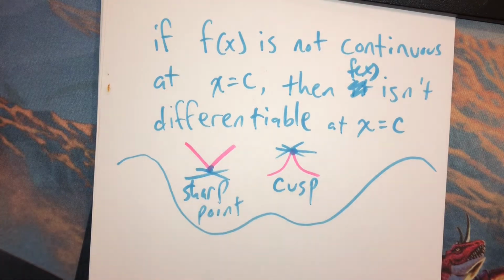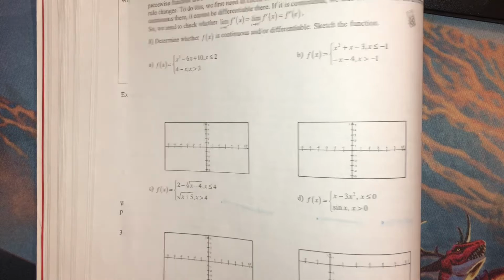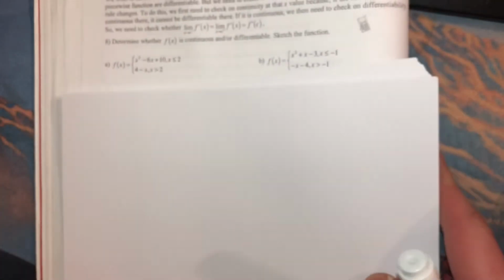Graphically, it's easy to tell, but when we have piecewise functions, it's a little bit harder, and we start out doing it the same way that we did in continuity.